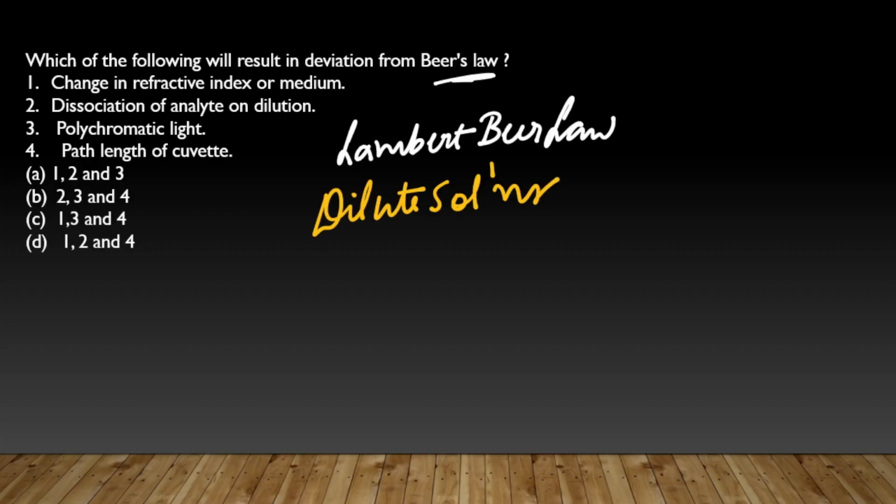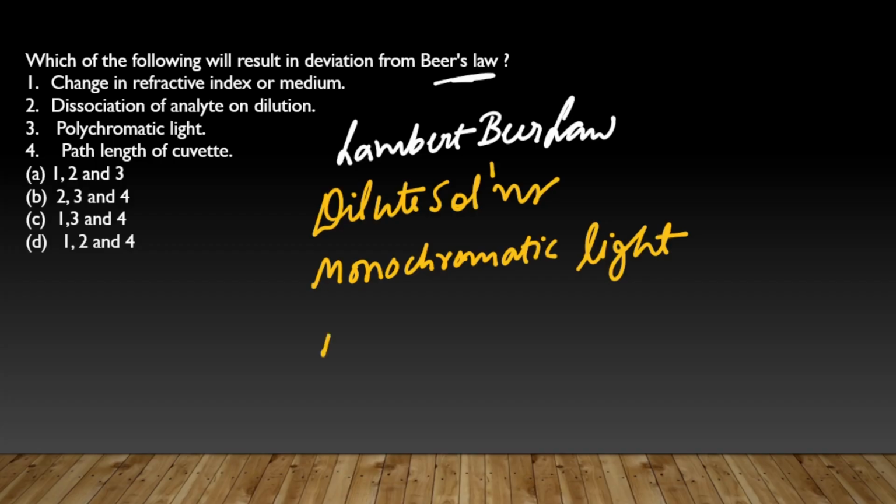To measure the absorbance, a monochromatic beam of light has to be used. Monochromatic means single wavelength light. And the third thing is that there should be no association or dissociation processes involved in it.